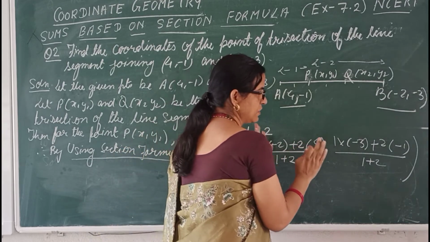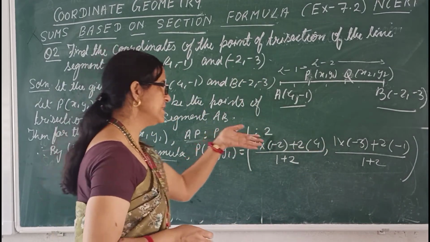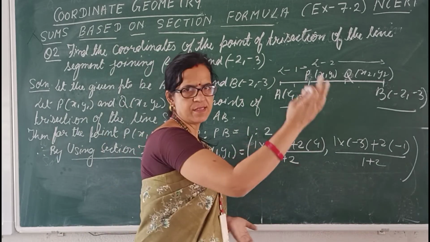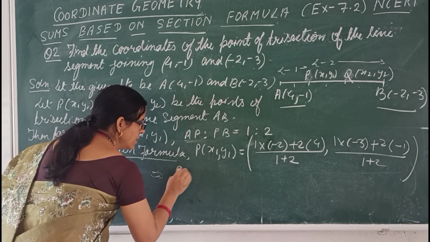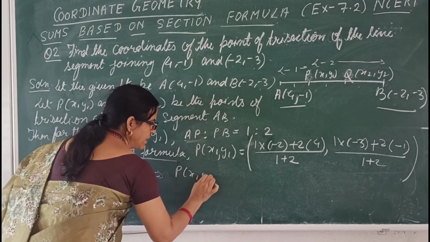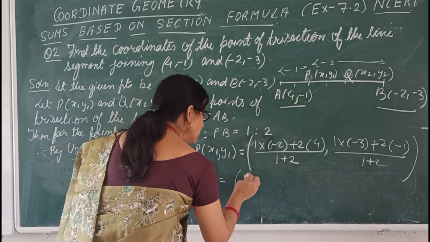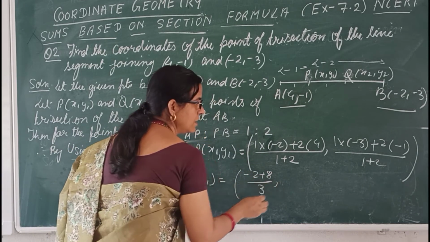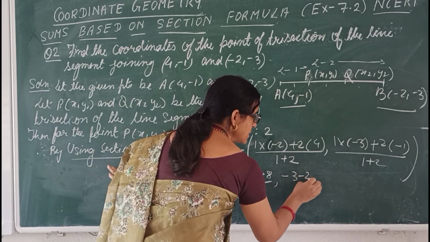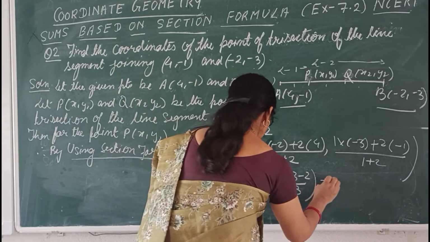Only this thing, children, you should understand how to write properly and accurately. Once you write it correctly, the rest is calculation. So this implies P (x1, y1) equals to, let us solve it, (minus 2 plus 8) by 3, comma, (minus 3 minus 2) by 3.